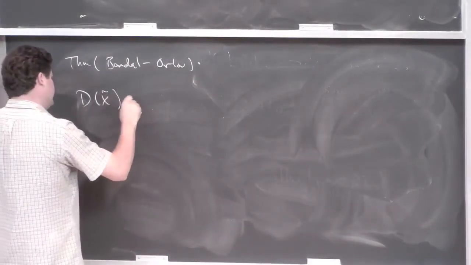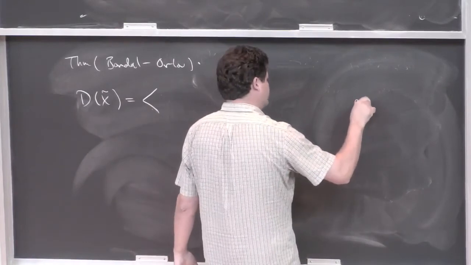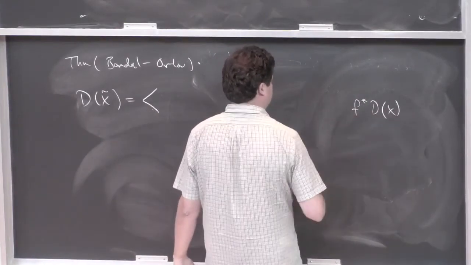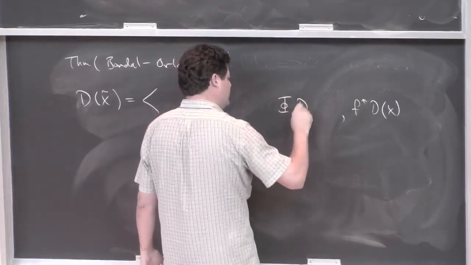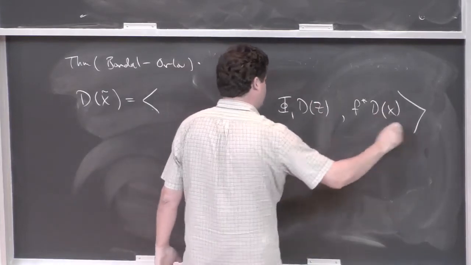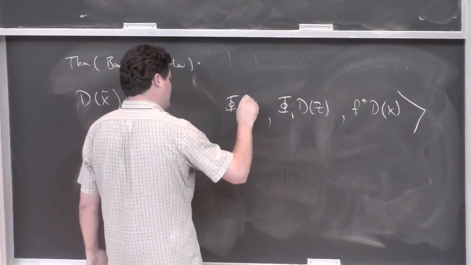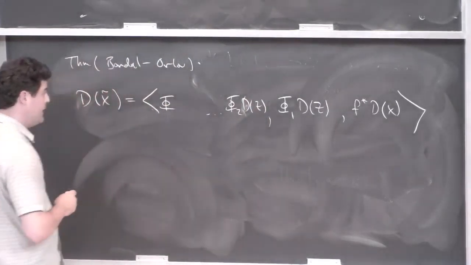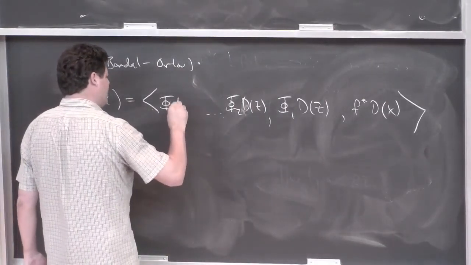D of x tilde is, over here I'm going to have just f upper star of D of x, and then I'm going to have phi 1 of D of z, and phi 2 of D of z, up to phi k minus 1 of D of z.